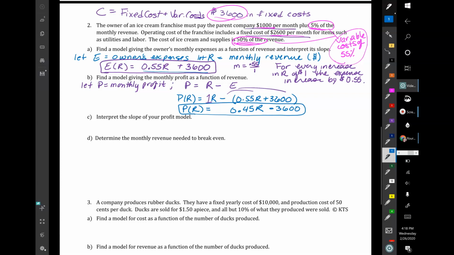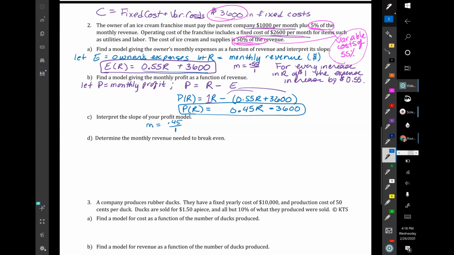And the slope for that one means for every additional dollar in revenue, because the slope is actually 0.45 over 1, every time this revenue goes up, our profit is going to increase by 45 cents.